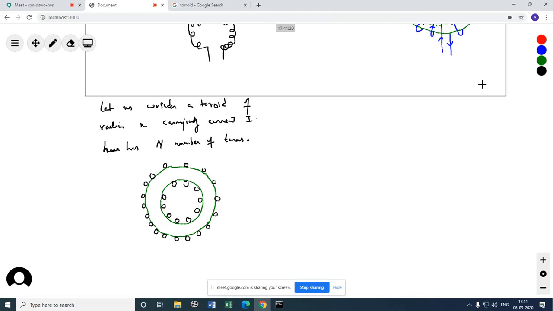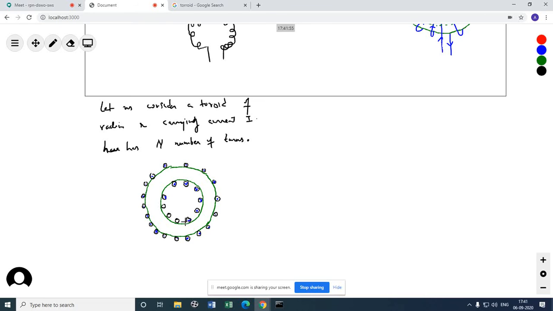So here I'll put a dot because current is coming out. Okay, so dots. And I'll put a cross, meaning getting in. That means I have cut it.